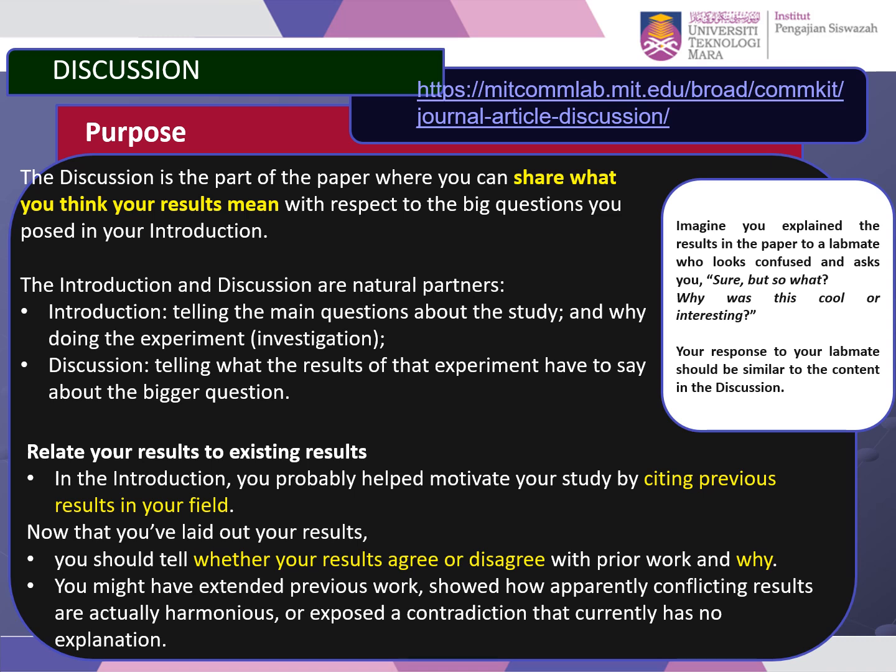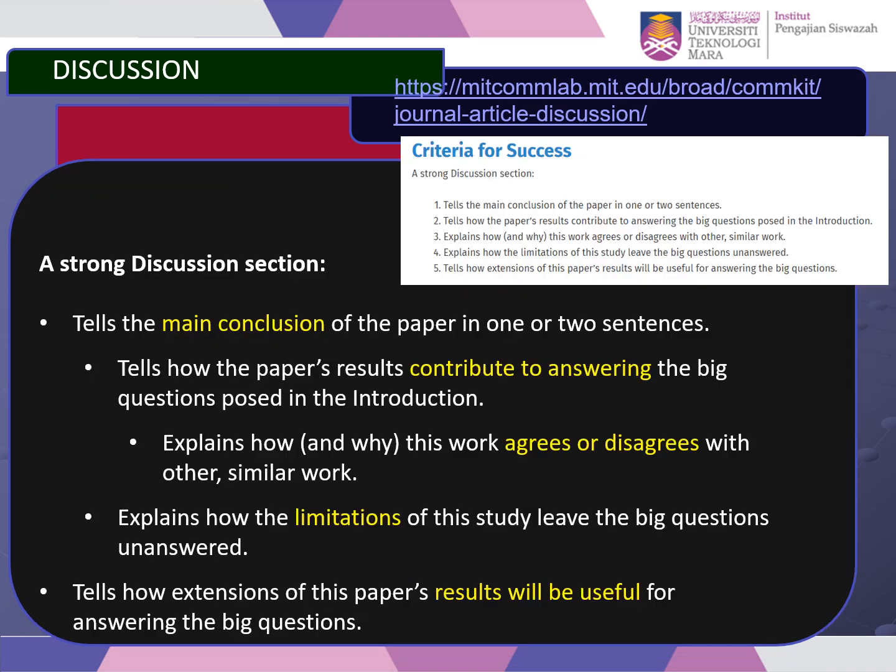So what you can do is that you cite previous results in your field in the introduction, and then now you have laid out your results. You should tell whether your results agree or disagree with previous work and why. Okay, so a strong discussion section tells the main conclusion and then tells how the paper result contributes to answering the big question posed in the introduction.